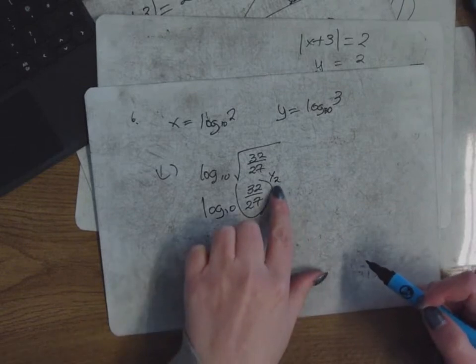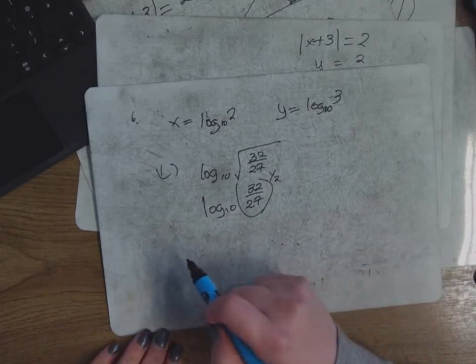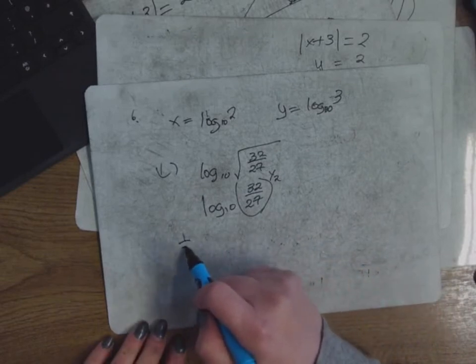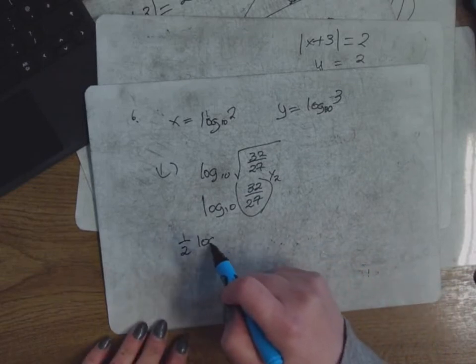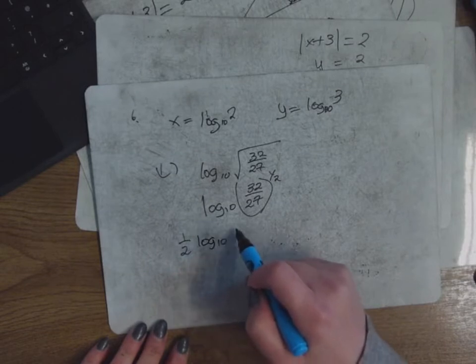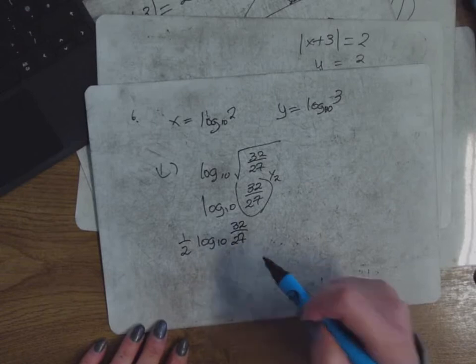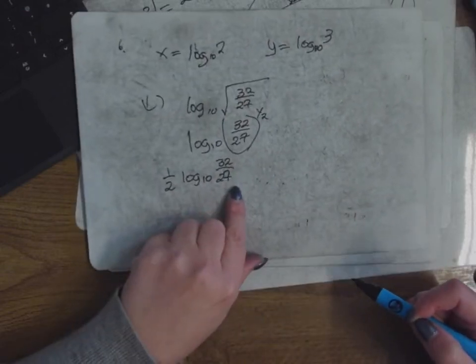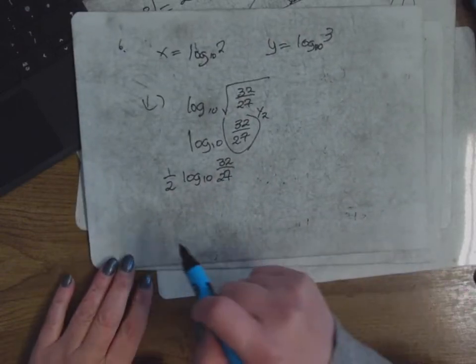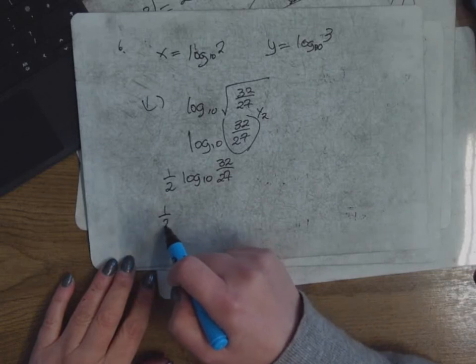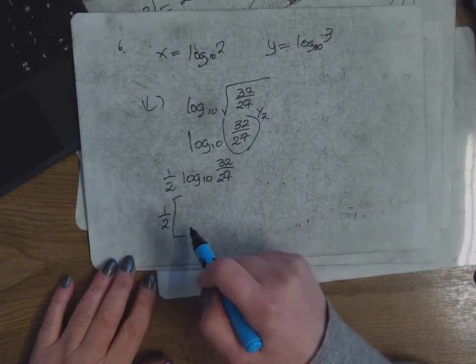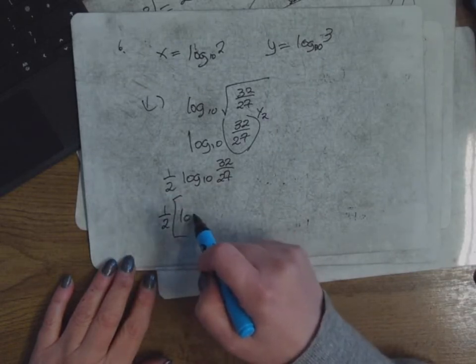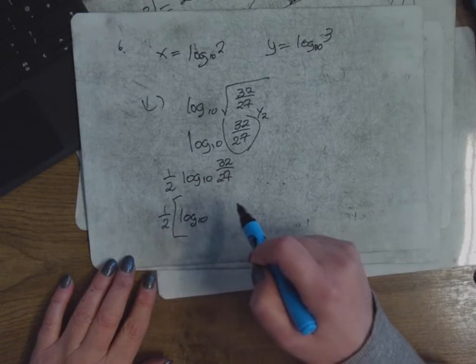Rules of logs, I can bring that half down, can't I? So that would be a half log to the base 10 of 32 over 27. With me? Rules of logs. When I have a fraction, what can I do? I can split it up and put a minus between it. So there's a half in front of the whole lot. I'll just put the half outside the bracket for the moment.